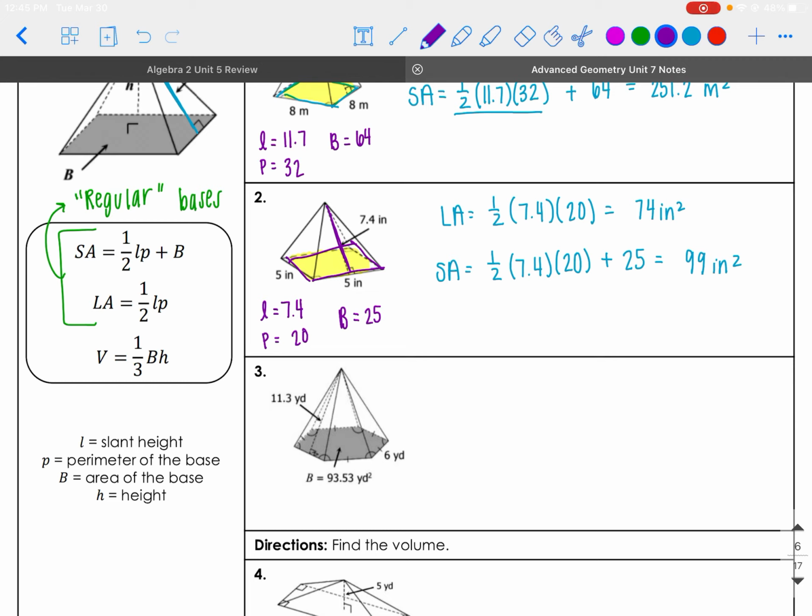Number 3, my slant height is 11.3. Perimeter, we have 1, 2, 3, 4, 5, 6 sides, and they're 6 yards each, so 36. And then it already gives me the area of the base.